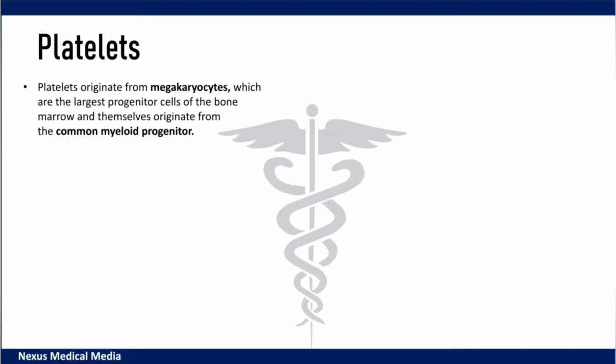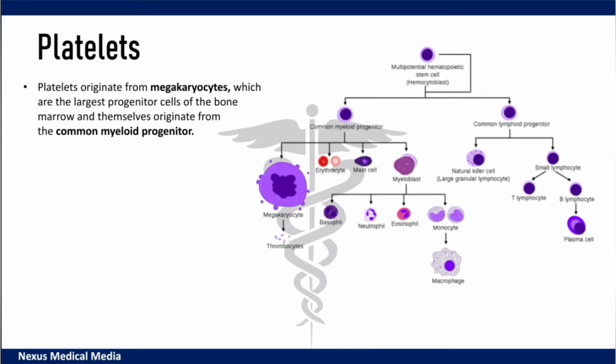Platelets originate from megakaryocytes, which are the largest progenitor cells of the bone marrow, and themselves originate from common myeloid progenitor. Right, so you can see here this is a multipotent hematopoietic stem cell, giving common myeloid and common lymphoid. Right, so you follow the common myeloid.